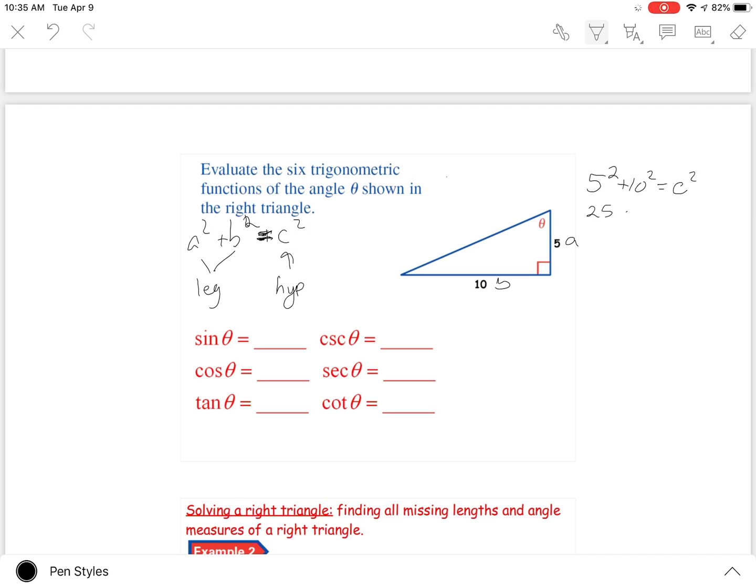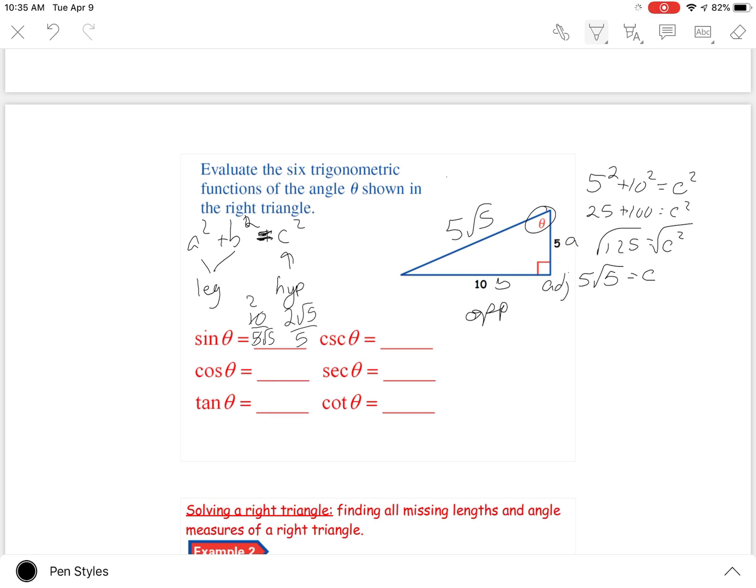So 25 plus 100, and I'm going to take the square root. That ends up being 5 square roots of 5 in simplified radical form. So the sine of theta, here's my opposite, here's my hypotenuse, will be 10 over 5 square roots of 5, or with a little bit of simplifying, 2 square roots of 5 over 5.